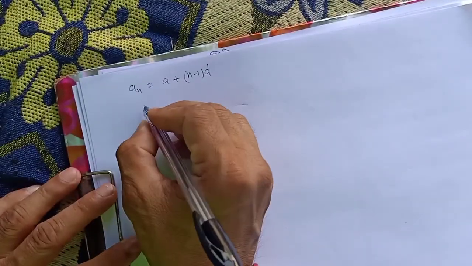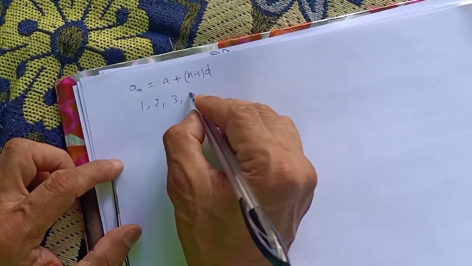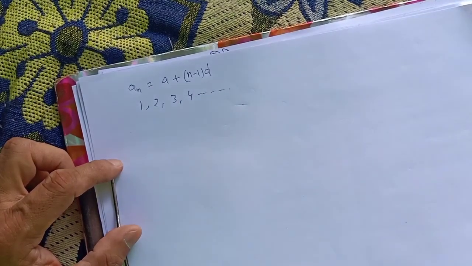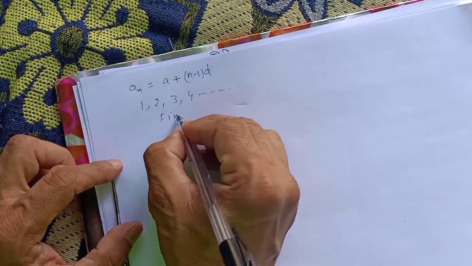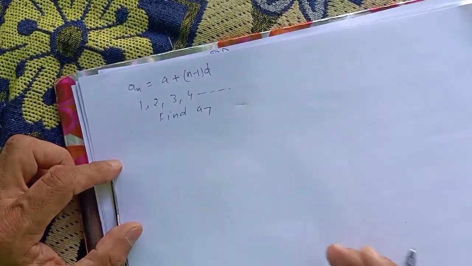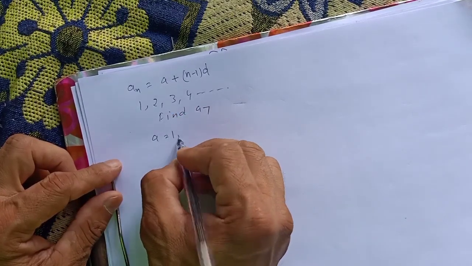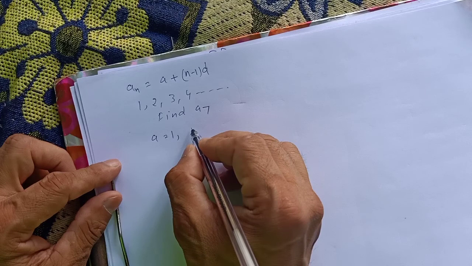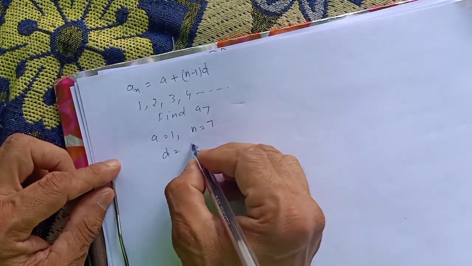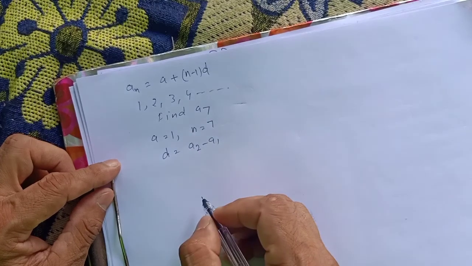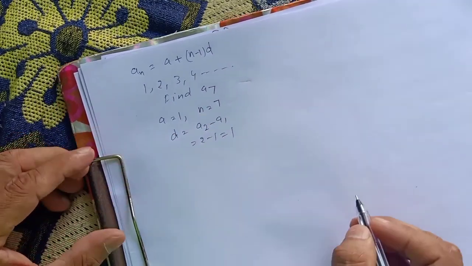Take an example. 1, 2, 3, 4 and so on. Find the a7 term. So from this, a is 1, n is equal to 7 and d is equal to a2 minus a1, 2 minus 1, this is 1.